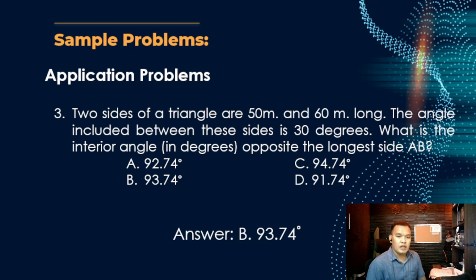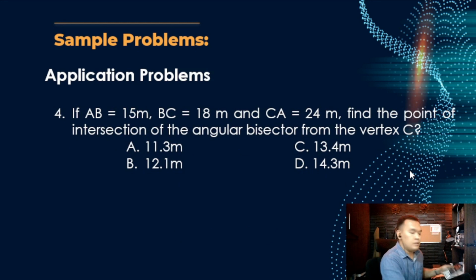Letter B ang sagot. Nagkaiba lang sa point something kasi siguro ang ginamit sa problem natin is exactly 30.1 or 30 lang siguro. As long as malapit naman yung point something. Okay? So, let's proceed to problem number 4.